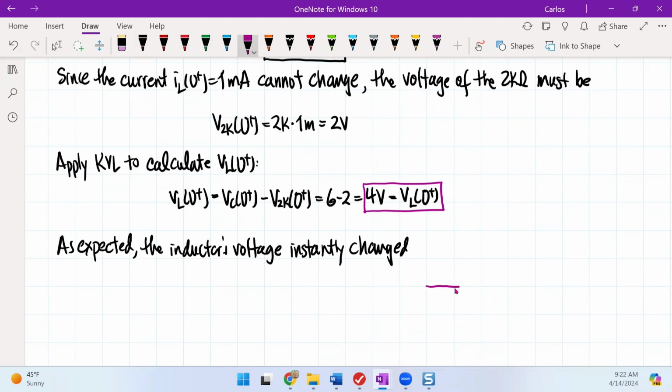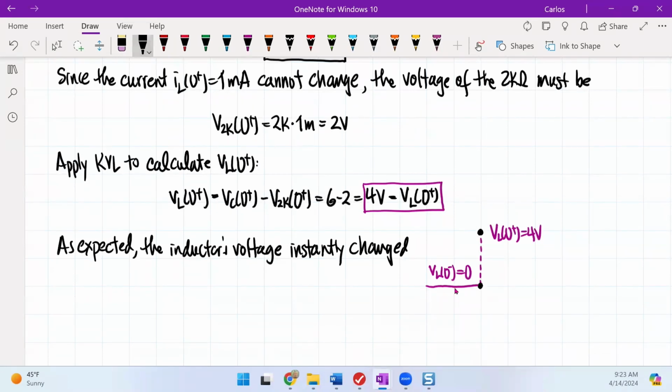It came in and it started off at VL of 0 minus was 0. And then what did it do? It jumped up to a point. It started at 0 here, and then it jumped up to a value of VL of 0 plus equal to 4 volts.